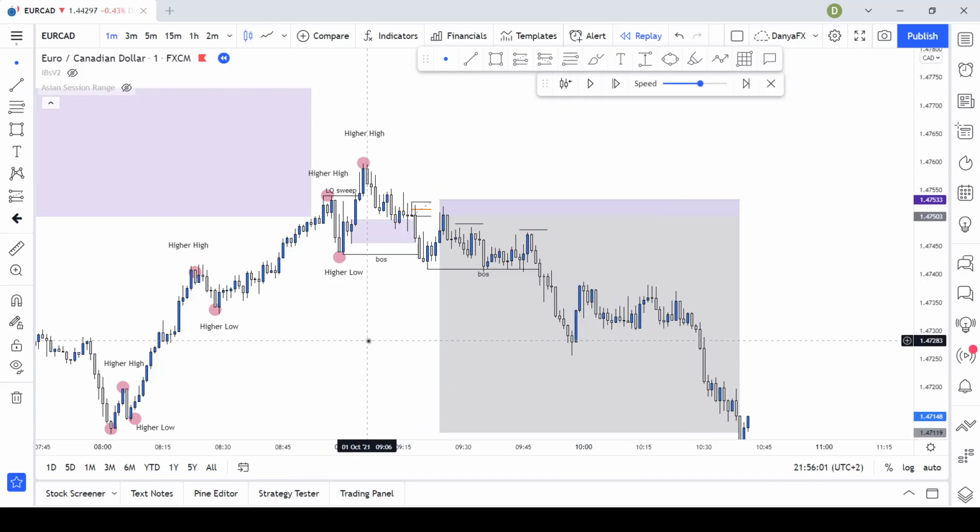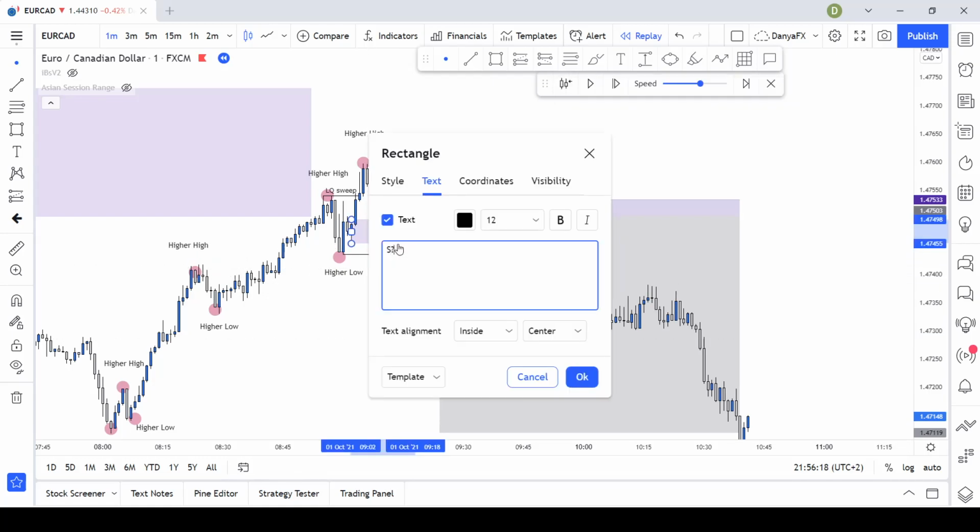It's still 100% valid, so there is no reason, as I said, to change something in your strategy. So just a different word that pretty much means the same thing. This is our supply to demand flip.